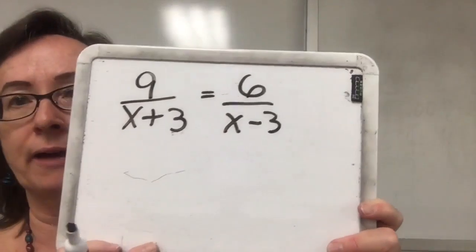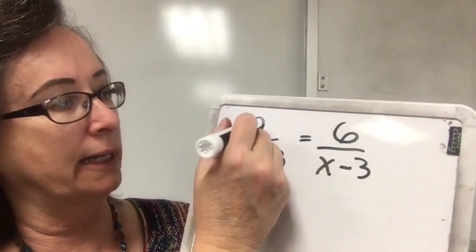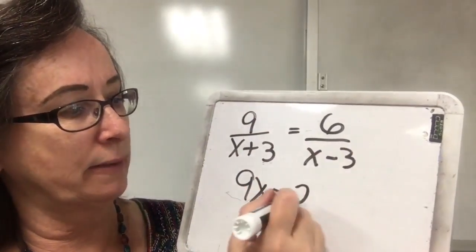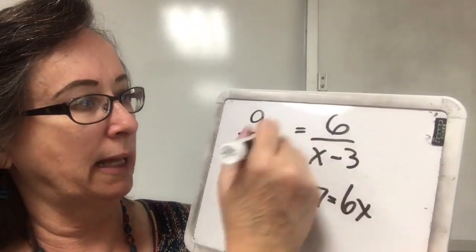I now have a proportion which I will cross multiply, and I get 9x minus 27 equals 6x plus 18.